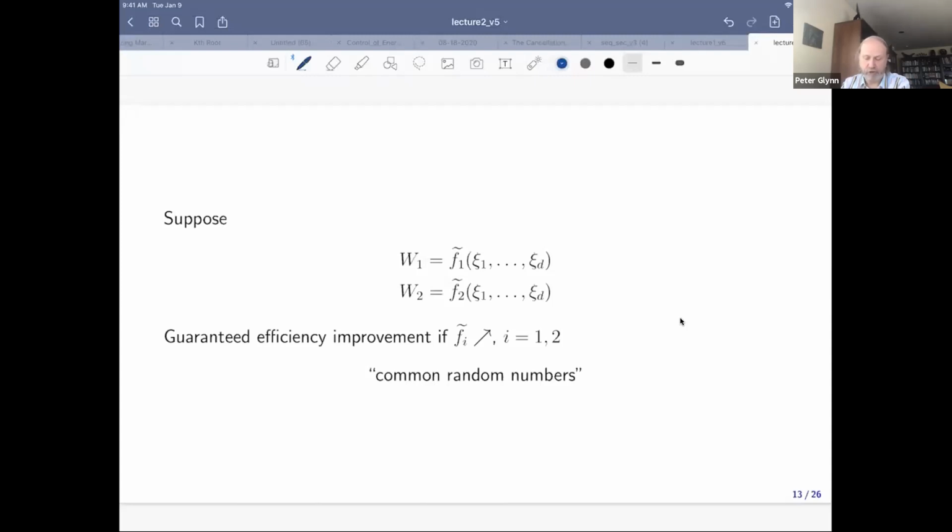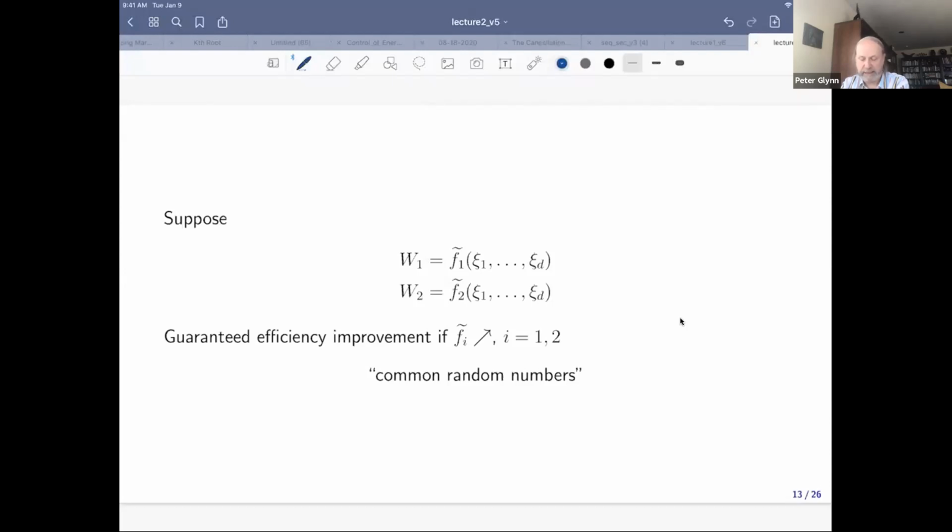Then there's a general theorem having to do with what are called associated random variables, that W1 and W2 are guaranteed to have a positive covariance in that case. And as a consequence, you get a guaranteed efficiency improvement in this context. So this is a setting where you have to be creative in terms of finding a coupling, finding a joint distribution that induces as much positive correlation as possible.